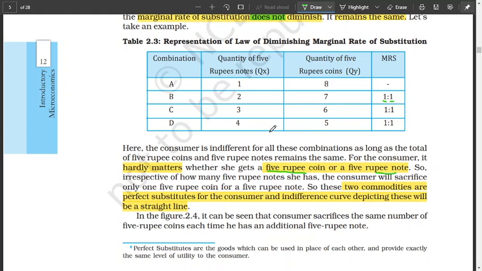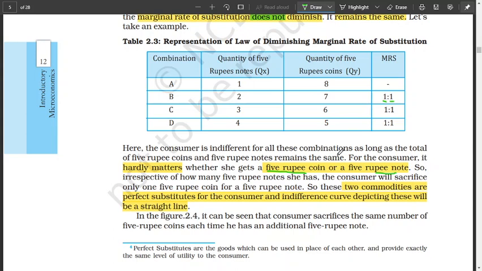A 5 rupee note or a 5 rupee coin has the same value. It doesn't matter whether you have more coins or more notes. It's the same value. For example, if you have 2 notes of 5 rupees, the value is 10.